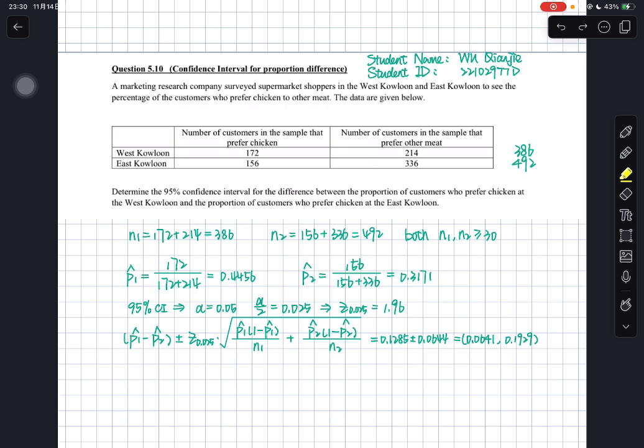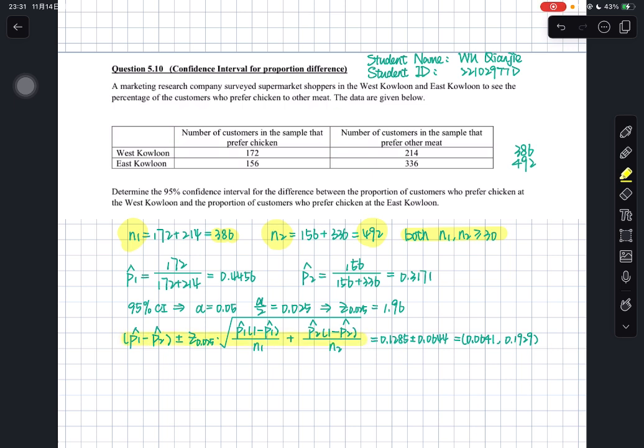So first, from the form, we can get the total number of customers in west colon, n1, is 386. Also, the total number of customers in east colon, n2, is 492. And both numbers are larger than or equal to 30, so we can use the proportion difference formula here.